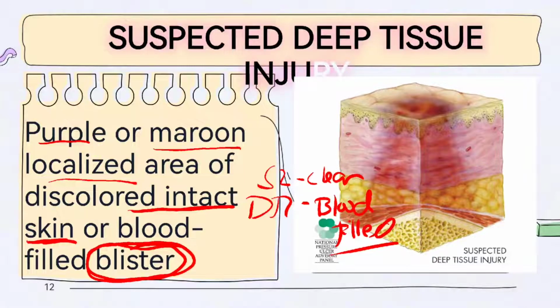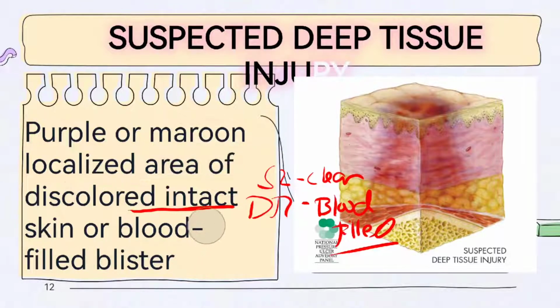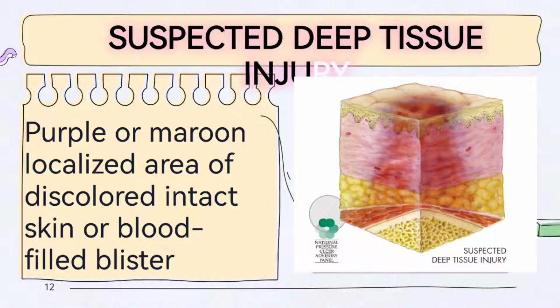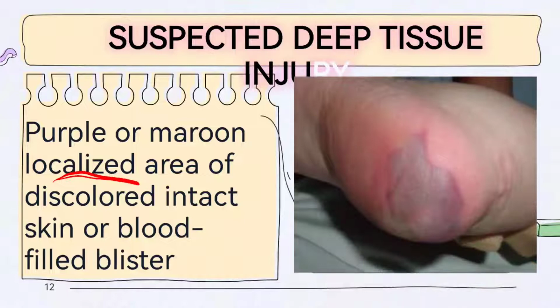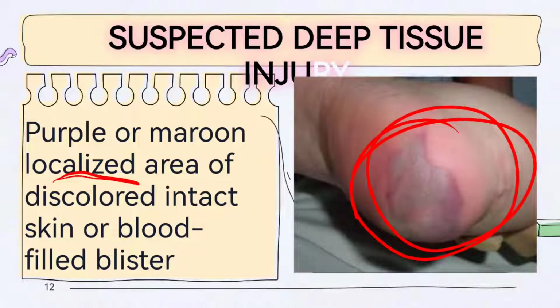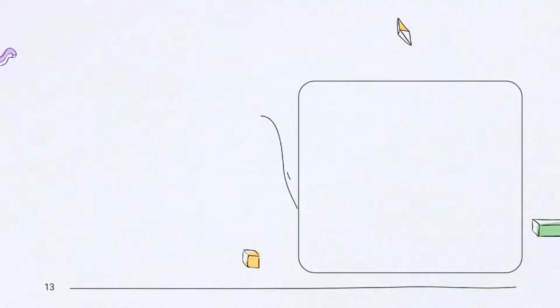But then again, don't forget that you're going to diagnose it as deep tissue injury if and only if you are located in a bony prominence area. So for example, this one is a very good example of your deep tissue injury, and I know this is a very common case in our hospital.